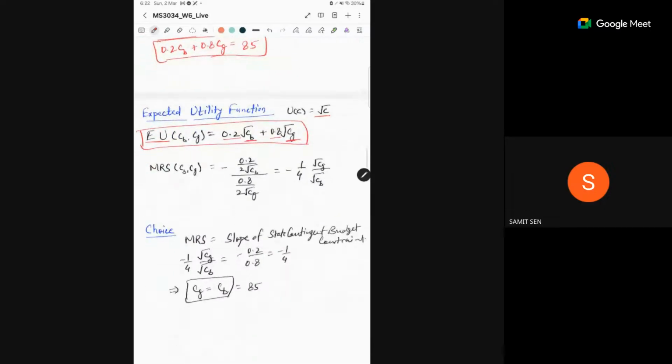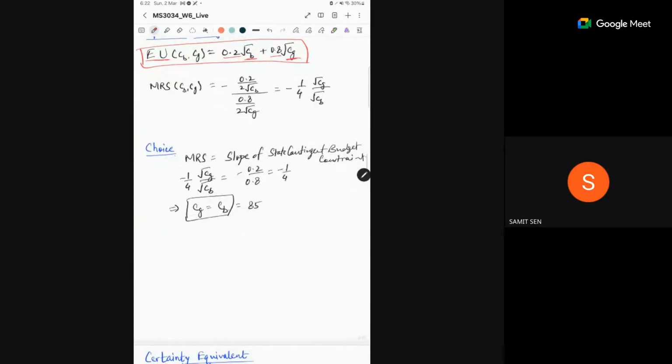I can do the same analysis and get to my optimal point, in which the optimality condition is that I should have the same consumption in the good and bad state, equal to 85. What does that mean? That you were having CB equal to 25 and CG equal to 100, correct? So it is saying you should have the same amount of consumption in both the states.